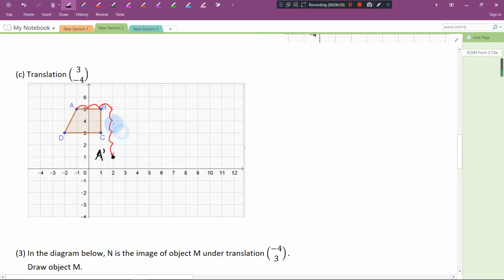From A to B is 2 units to your right, 1, 2. This is B prime. B to C, 2 units go down, 1, 2. This is C prime, and C to D, 3 units go to the left, 1, 2, 3. D prime.